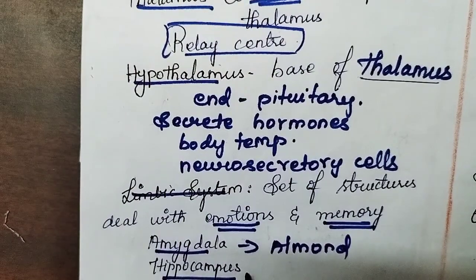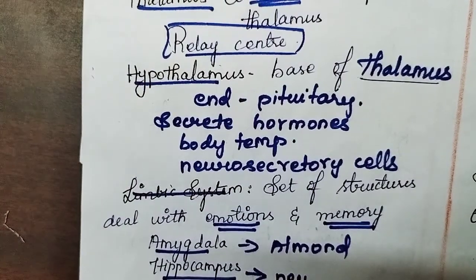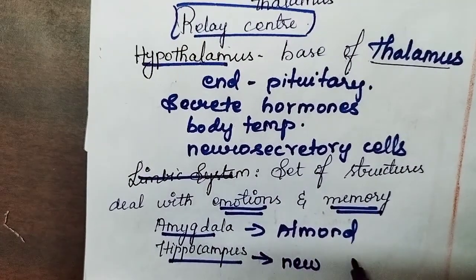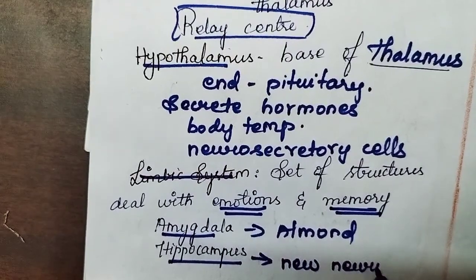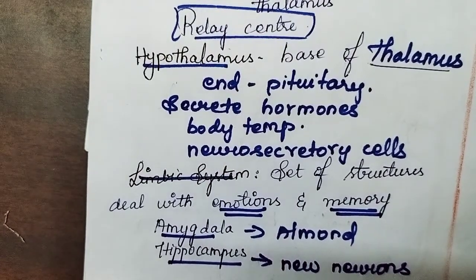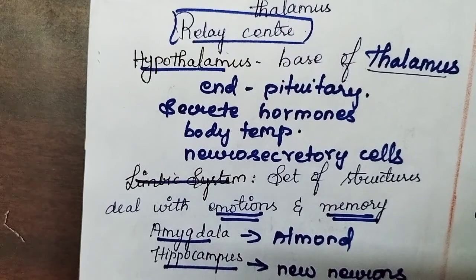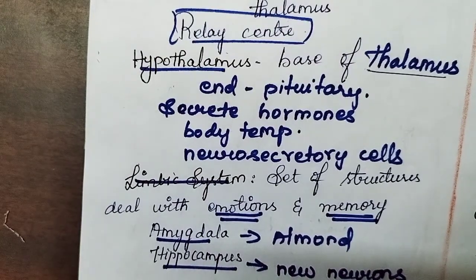The hippocampus is responsible for memory because new neurons are generated here. So it is no doubt that the hippocampus is activated more when we learn more new things.